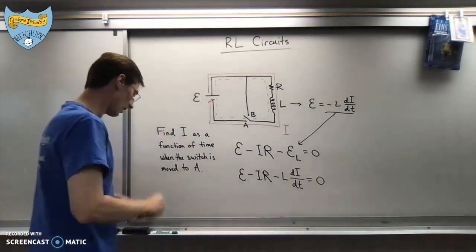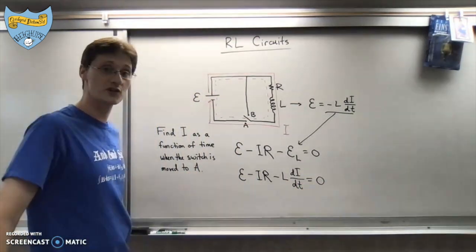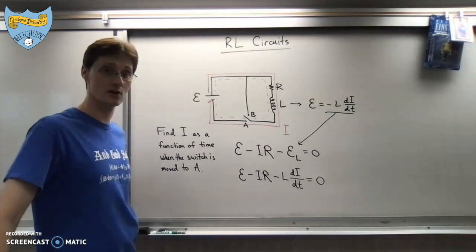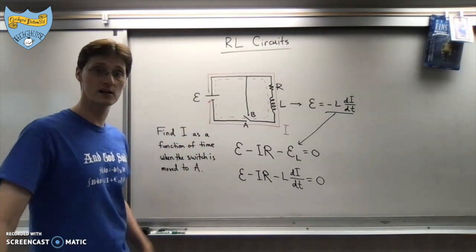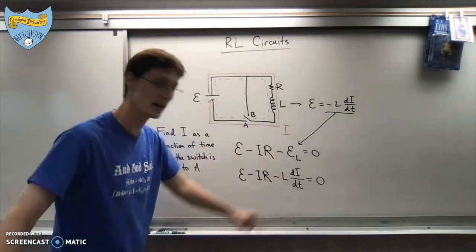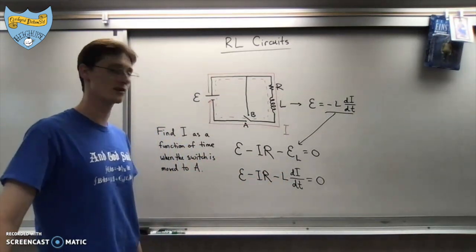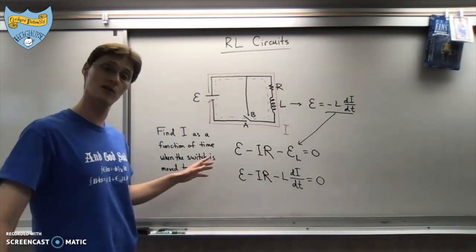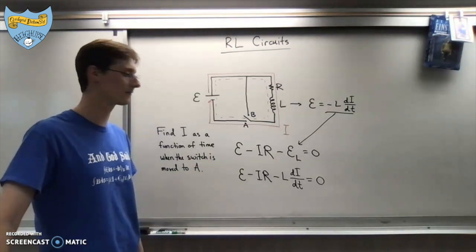Where this becomes a differential equation you can solve to get current as a function of time is right here. We have current, and then we have the rate of change in current. That's a differential equation if I ever saw one, and this is going to solve exactly the same as a first order drag scenario.